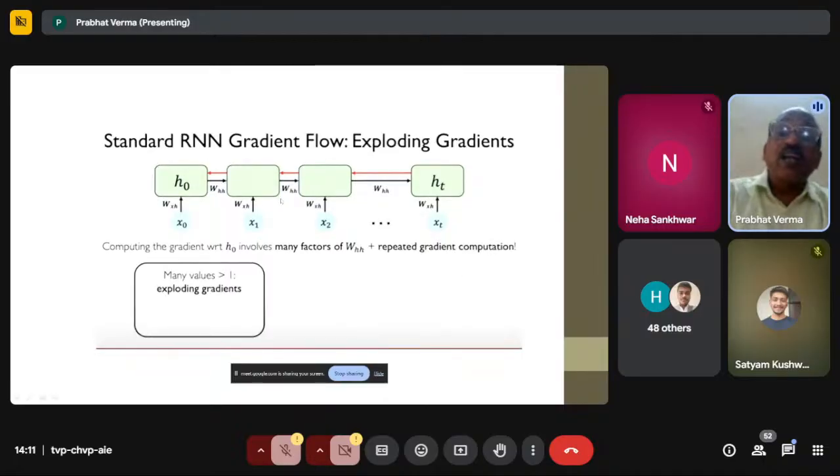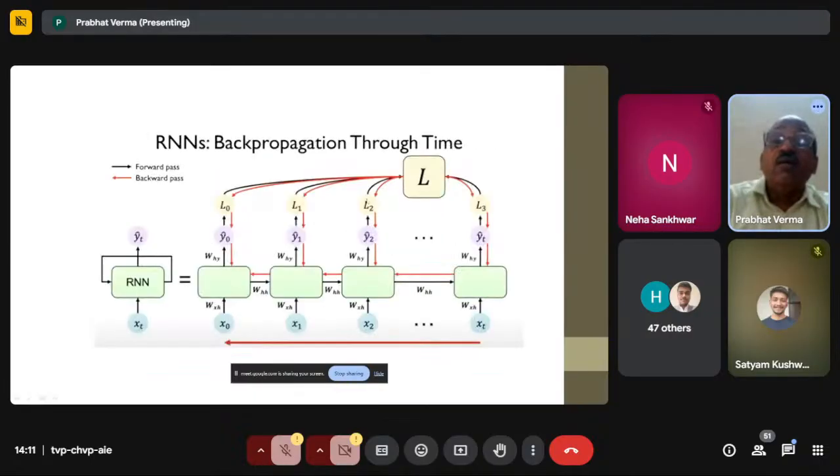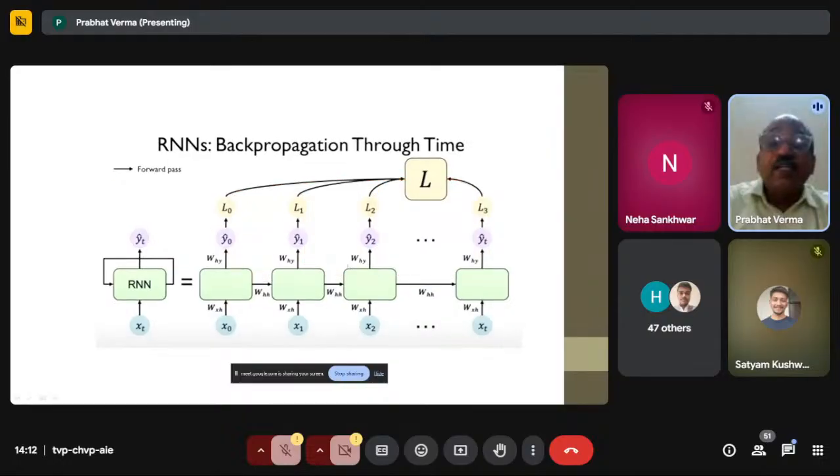Exploding gradients are those where computing the gradient with respect to S0 involves many factors of WHH plus repeated gradient computation. So when your weight values are greater than 1, you are combining the error from step to step, and this may explode the gradient.